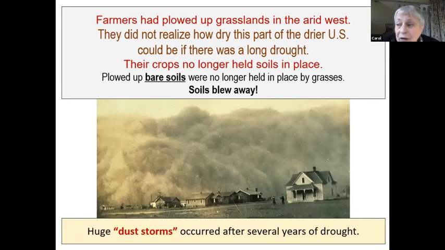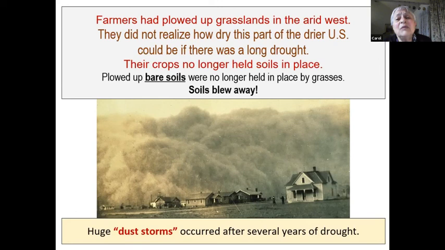Farmers had plowed up the arid West, at least portions of the arid West, and in parts, especially, I don't know if you remember where there was a number 3 on the US map, and people could choose to go to that panhandle of Oklahoma, which is right close to Texas and right close to Kansas.